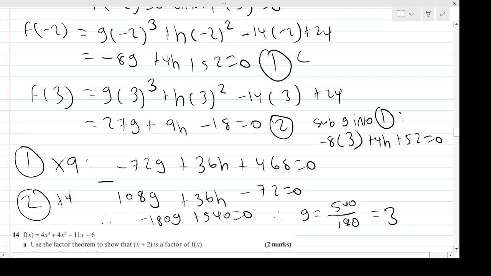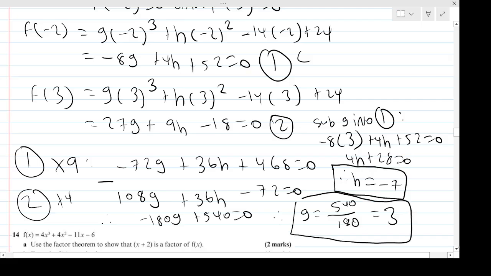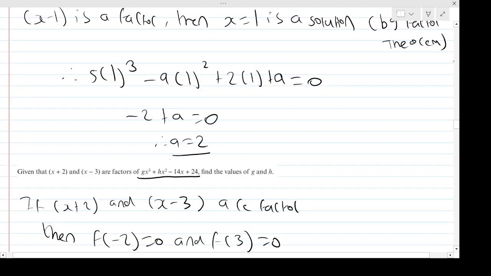So 4h, and then minus 8 lots of 3 is minus 24, add 52, that's then 28, so plus 28 equals 0. So then h is minus 28 over 4, which is minus 7. There we are. So those are my values. Cool. So I've got g is 3 and h is minus 7. Nice.